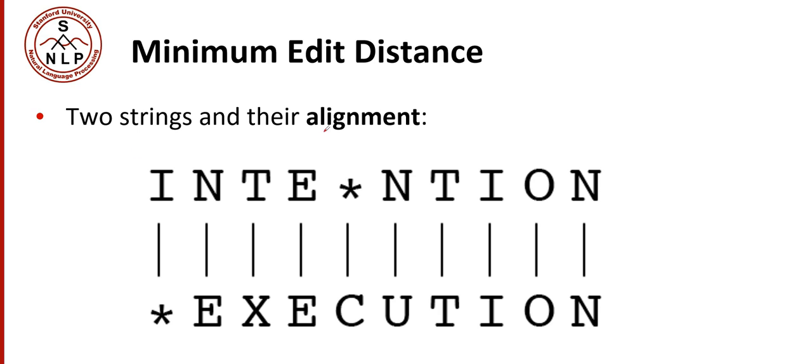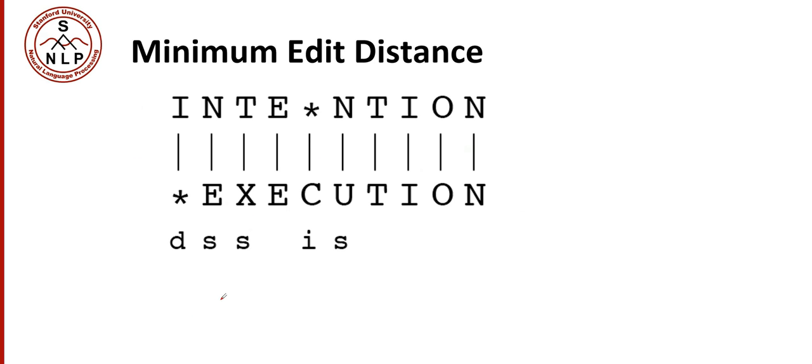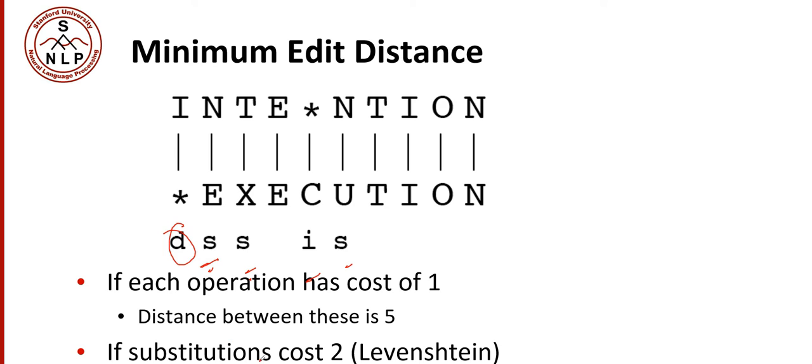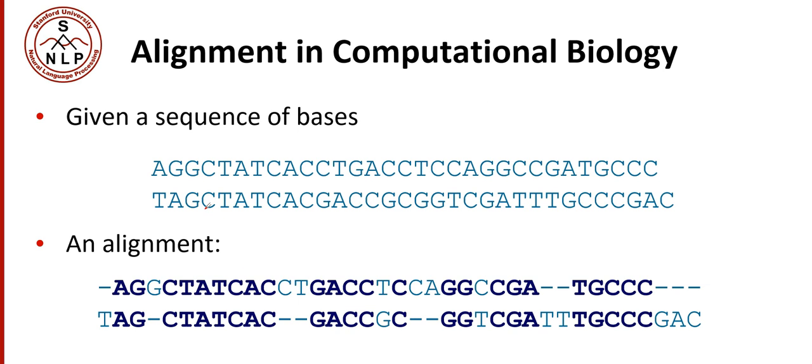For example, in the two strings given and the alignment, we have one deletion operation, then a substitution in these two cases, one insertion and another substitution. So altogether, if each operation costs 1, the total edit distance will be 5. And if substitution costs 2 as per Levenshtein, then the distance between them will be 8. So given a sequence of bases, this is the alignment.